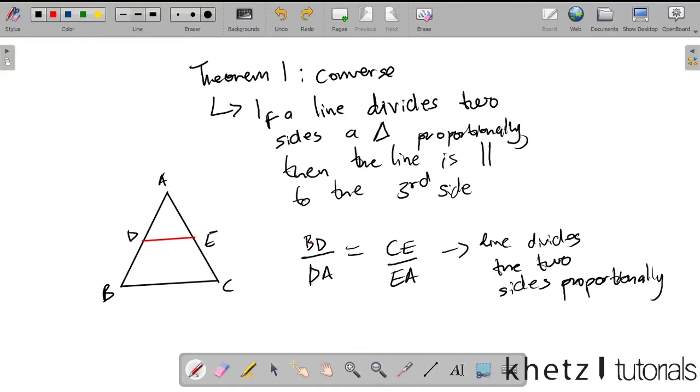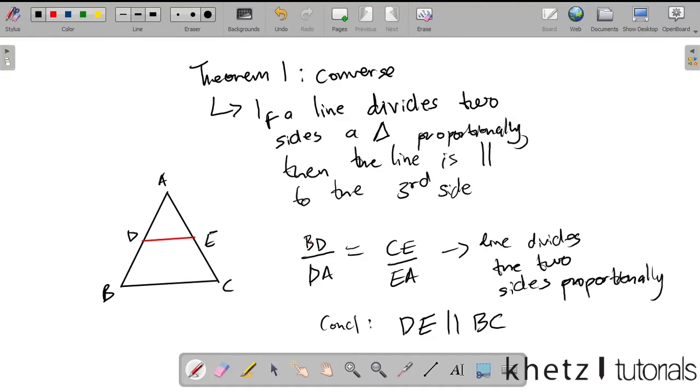But basically, if you see that the lines on the two sides which are linked by the red line are proportional, then you can make this conclusion, and that is what the converse of the theorem is saying. You can conclude that DE, which is the red line, is parallel to BC.